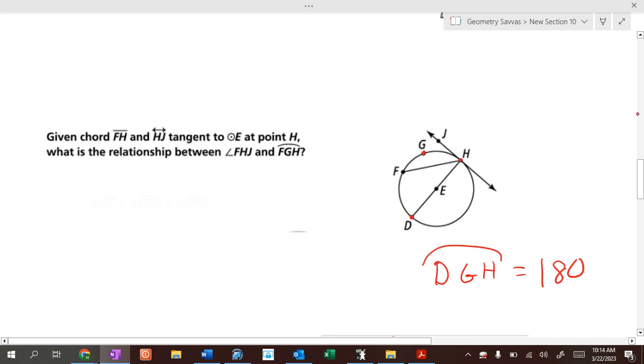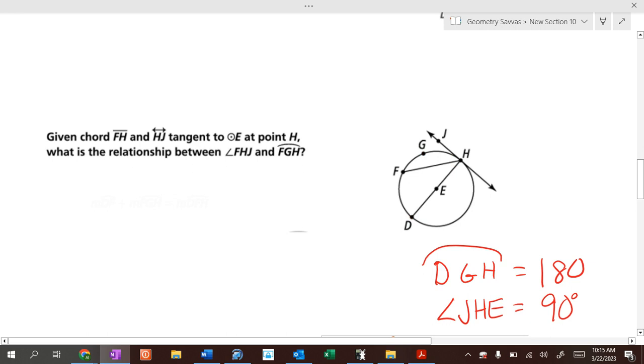Now, how many degrees does angle JHE look like? 90 degrees. All right. So what's the relationship between 180 and 90? It's half. So basically, a tangent and a chord will make the same relationship as an inscribed angle.